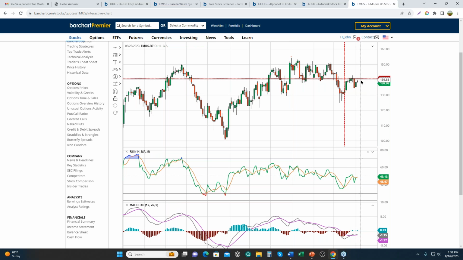It looks to me like we've got the permission, we've got the buy signal, but now we need that confirmation. So probably in the case of T-Mobile, once we get clear to the 141 level, you'd probably get that RSI above 50 and you would see a rising histogram.